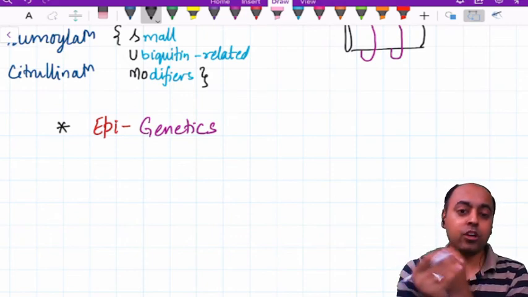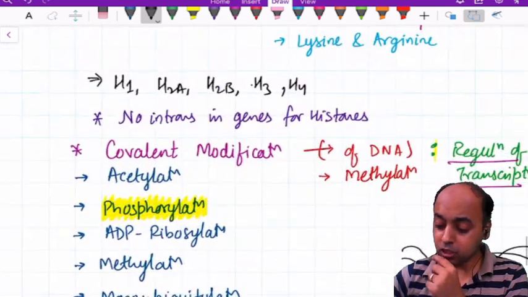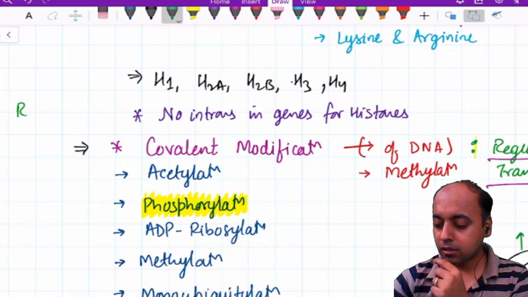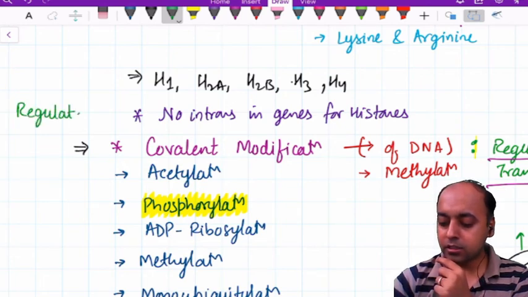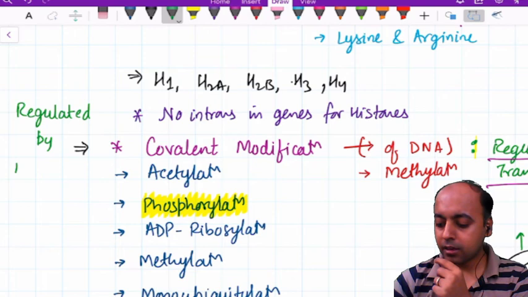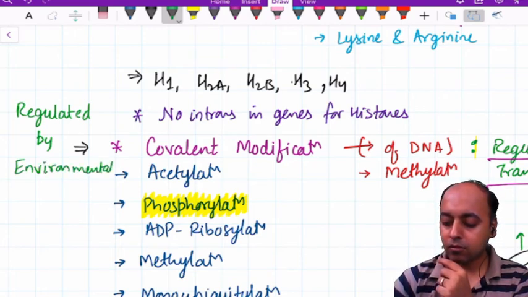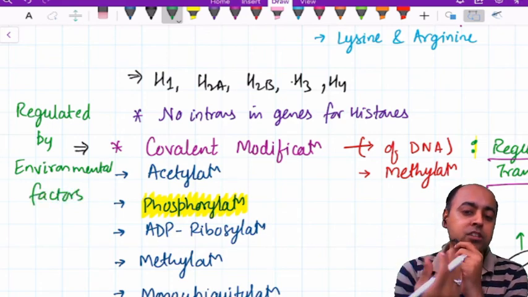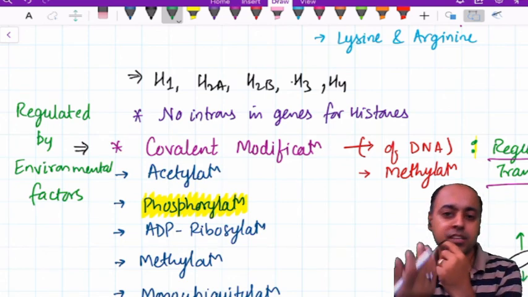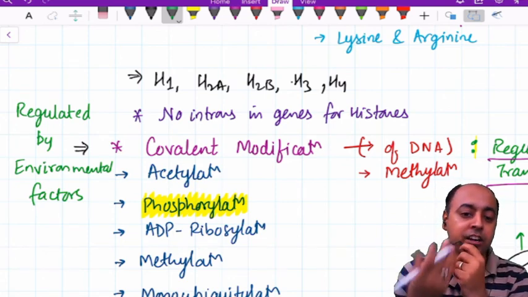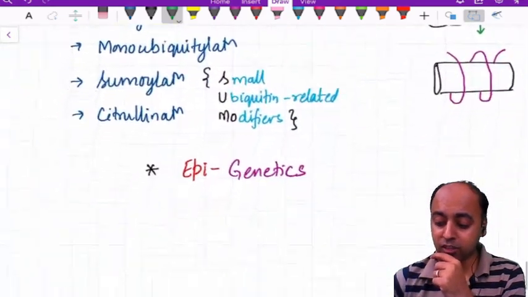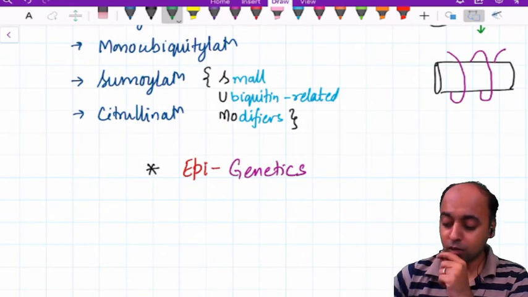And a very important point to understand is this covalent modification is easily regulated by environmental factors: availability of nutrients, whether it is hot, whether it is cold, whether it is acidic, whether sufficient hydration is there or not. So the covalent modification is regulated by environmental factors. So what happens?